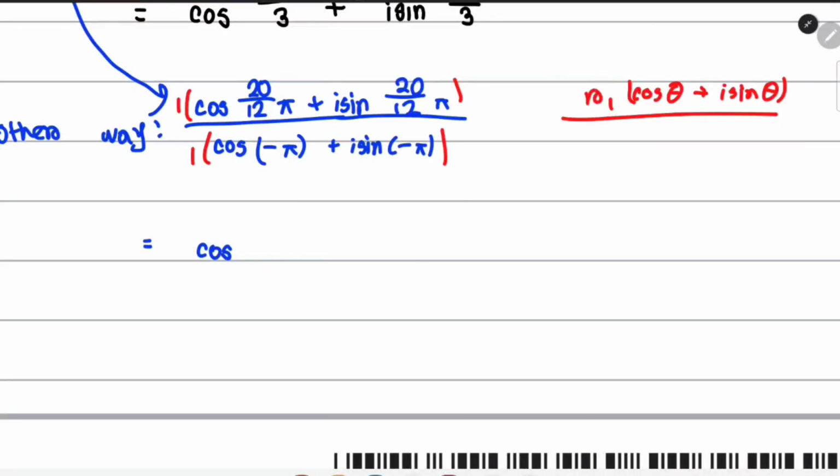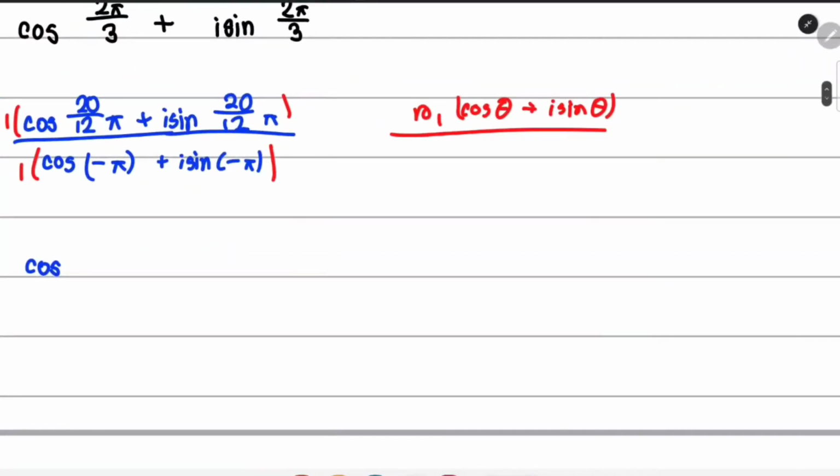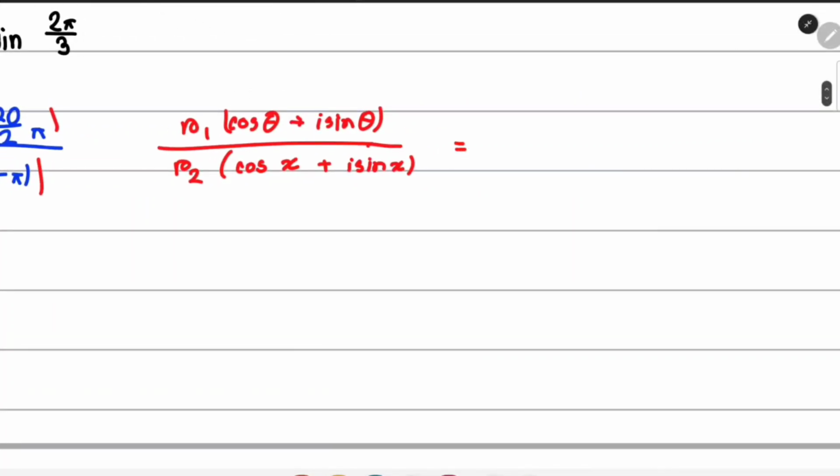I have r1 cos theta plus i sine theta divided by r2 cos x plus i sine x, something else. If I do this, the result would be r1 by r2 times cos theta minus x plus i sine theta minus x.